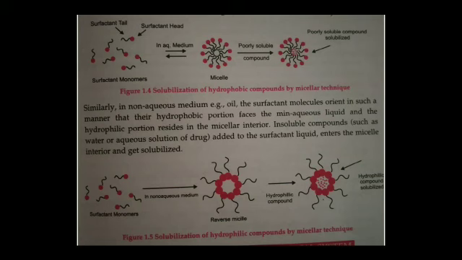Surfactants have two portions, a head portion and a tail portion. Single monomers in aqueous medium form a micelle. For solubilization of hydrophobic drugs, the head portion is projected outwards and the tail portion is projected inwards. The inner portion is used to enclose the poorly soluble drugs.